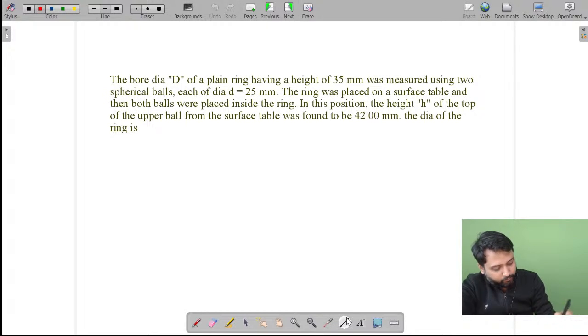Yes, so the plane ring will be a bit like this. This will be the plane ring, right?